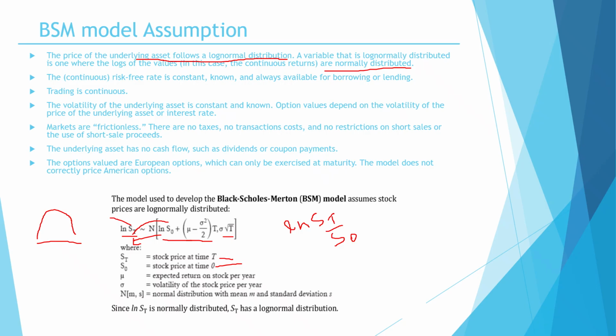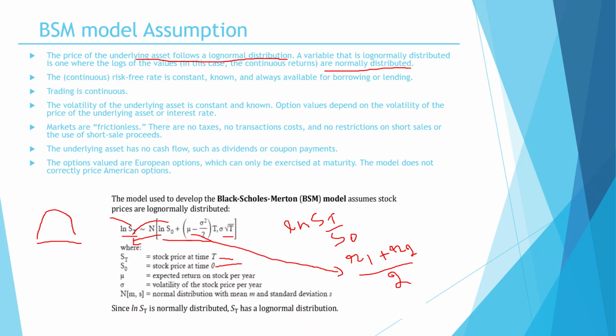The reason here is that let's suppose I have returns R1 and R2. Now, if I want the average of these two, the average is R1 plus R2 divided by 2. This is called the expected average return, which I can say is mu.